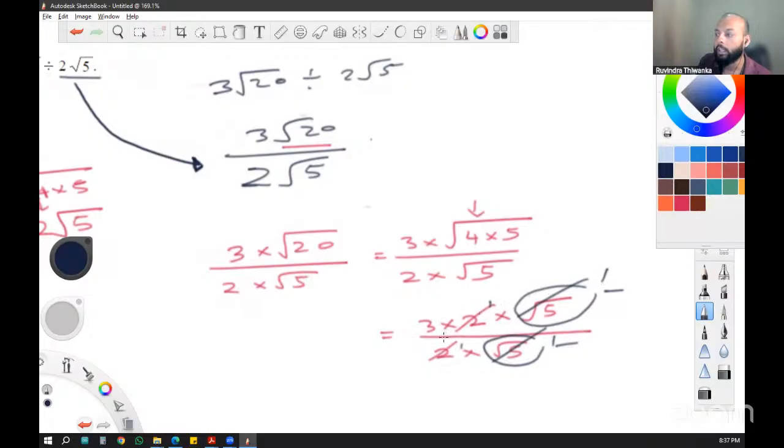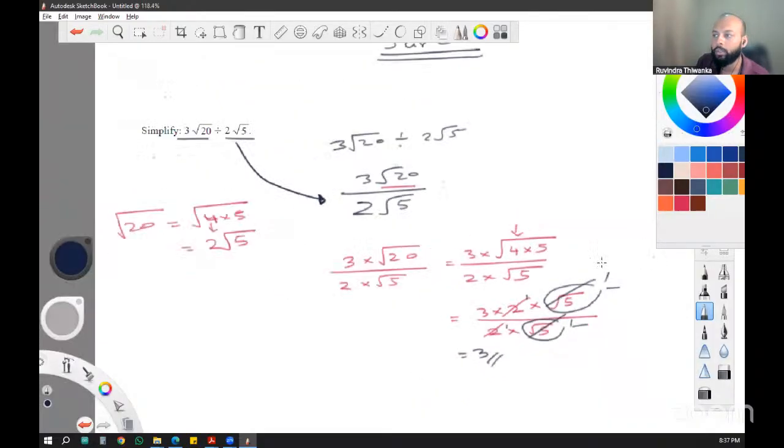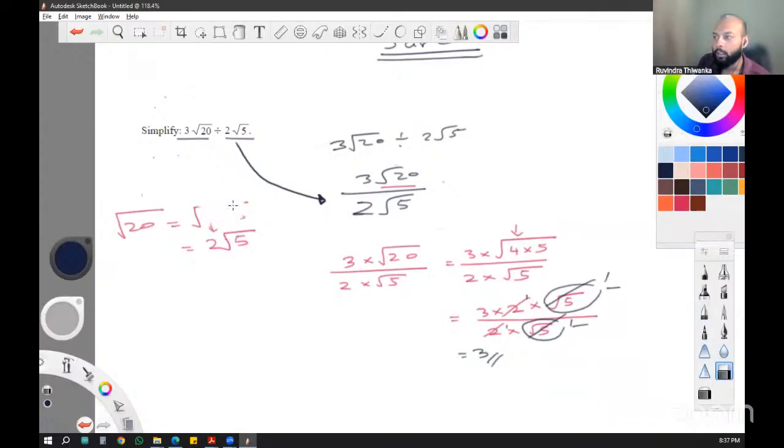Then 3 is the answer. See, these questions look pretty hard, but if you solve them you will get a simple answer. So copy this down quickly.